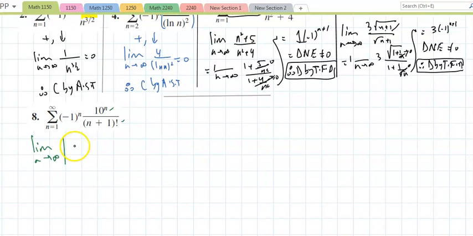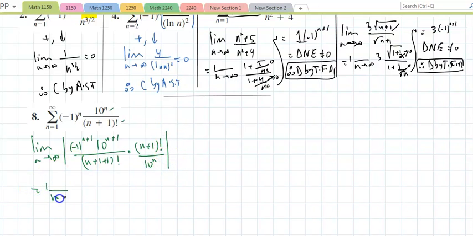A sub n plus 1 divided by a sub n. Instead of dividing, I'm going to multiply by the reciprocal, and we know the drill of how that works. Oh, I forgot the negative 1 to the n.